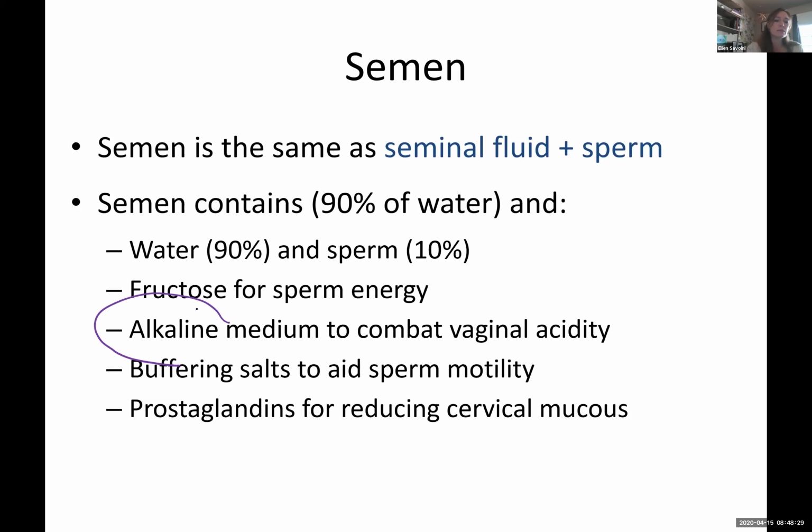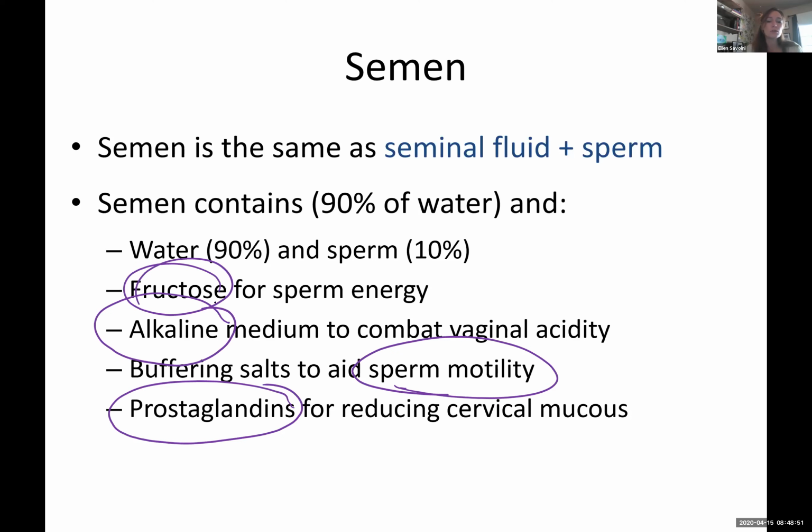It provides something alkaline to protect the sperm from the acidity of the female. It actually facilitates motility of the sperm, meaning activate those little tails so it can move. It has the prostaglandins that are going to help make the female reproductive tract a little more accepting of sperm so it can actually make its way in. And then the fructose for energy.